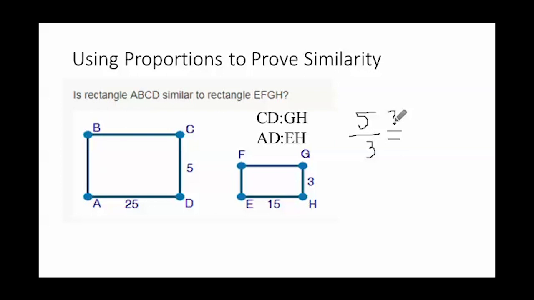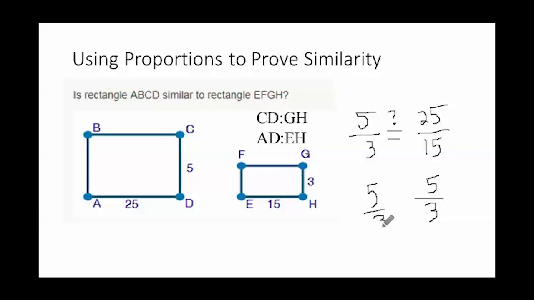AD is 25 over EH, which is 15. Well, 25 and 15 are both divisible by 5. 25 divided by 5 will give me 5, and 15 divided by 5 will give me 3. So I know that once simplified, they do have the same proportion.